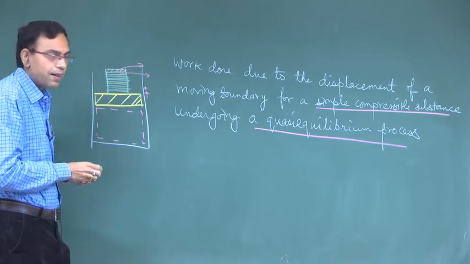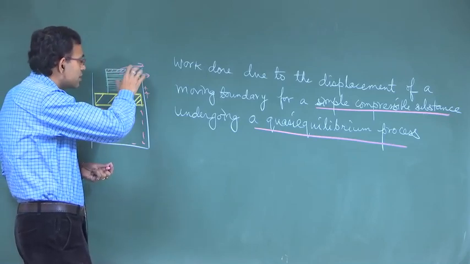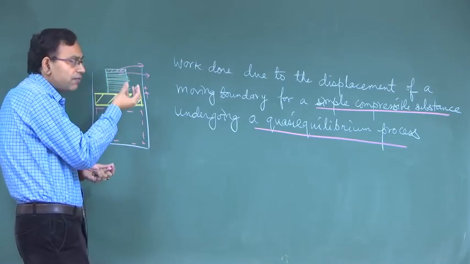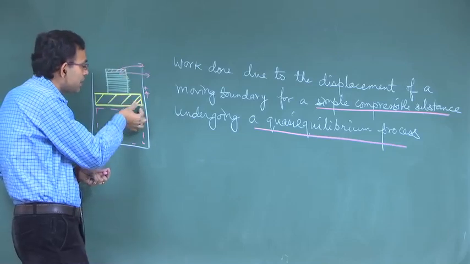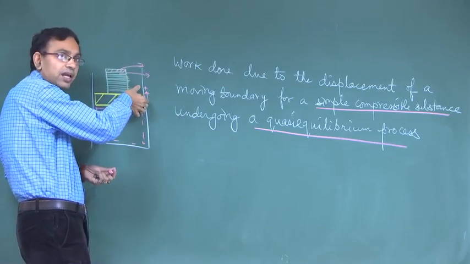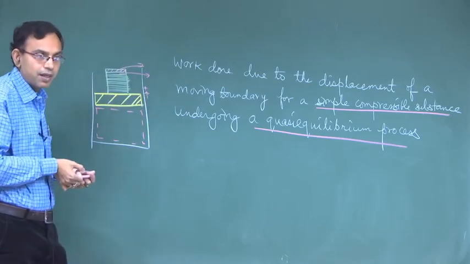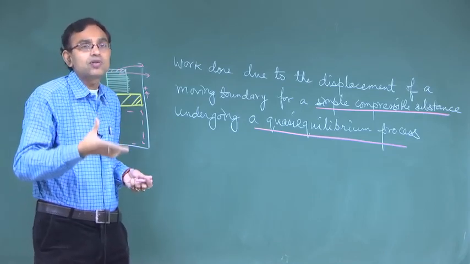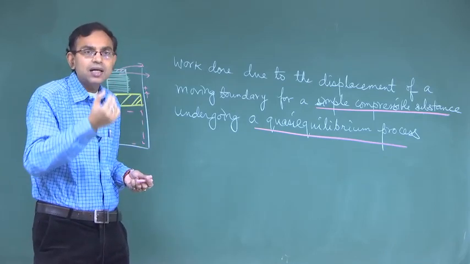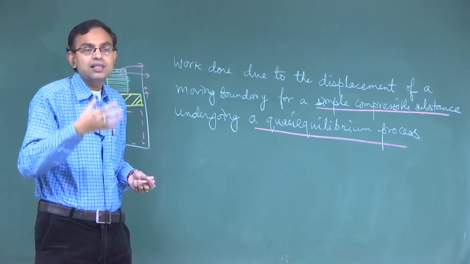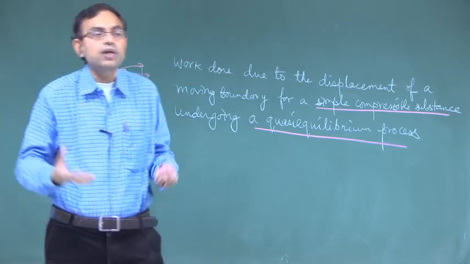In this way, if you remove the loads slowly in very small incremental steps, this will move also slowly in very small incremental steps. With this very slow process, all the intermediate states will get sufficient time to achieve thermodynamic equilibrium.